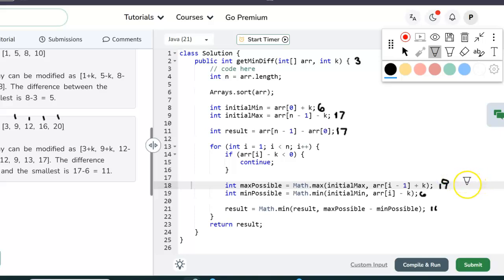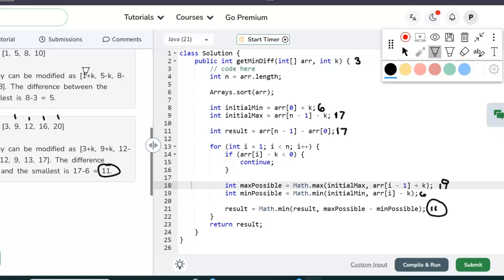I mean, it's not going to help us, but so 19, and then min possible is array I 20 minus 3, 17. So that's still the same. Max minus min down here, 19 minus 6 is 13. We did not improve on our result, so actually the result is still 11, and that's what we got here.